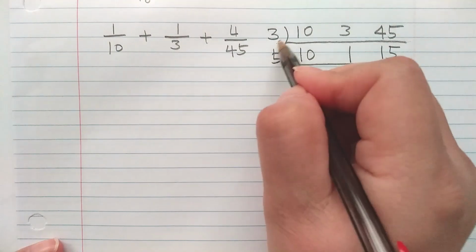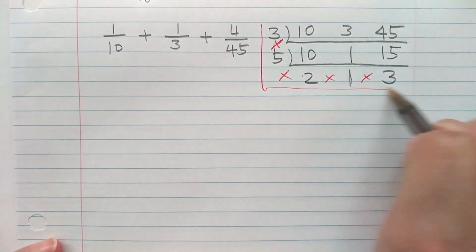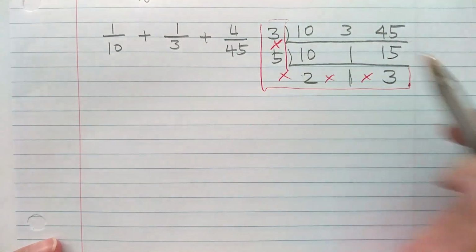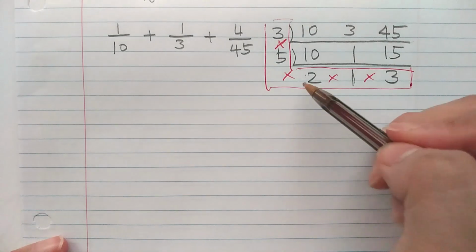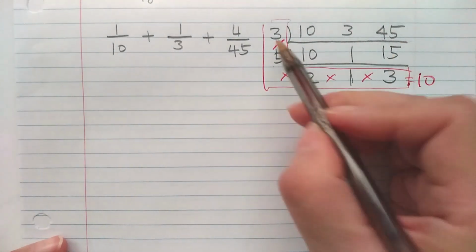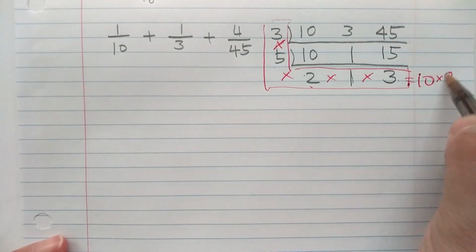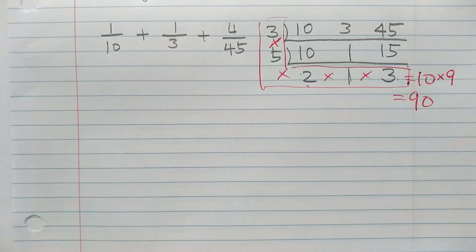So multiply everybody here down in L shape. Okay, let's see. 5 times 2 is 10, and 3 times 3 is 9, so this is equal to 90.